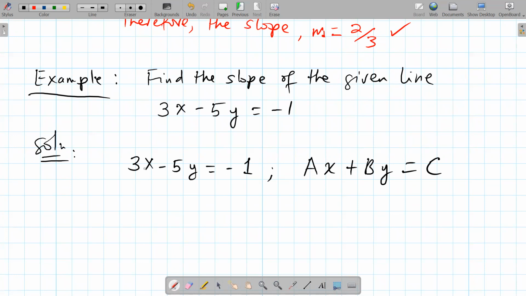This is ax, and this is 3x. The x here is the same as the x there. That should tell me that my a is 3. This y here is the same y here. That should tell me that my b is -5. And then my c, which I really don't need, is going to be -1.